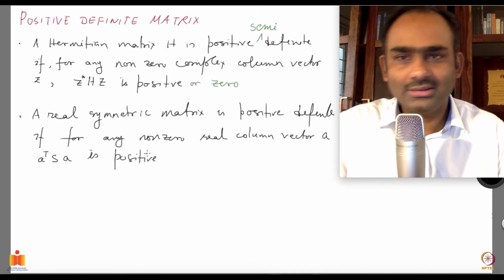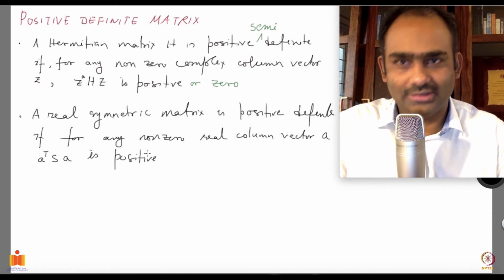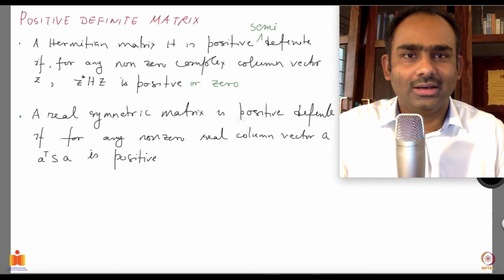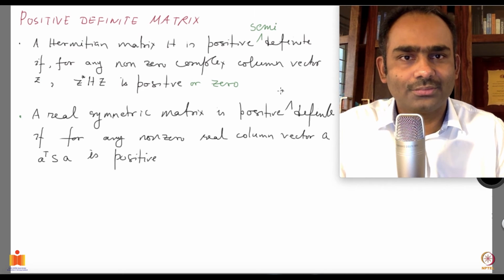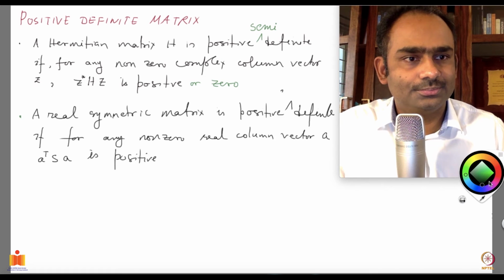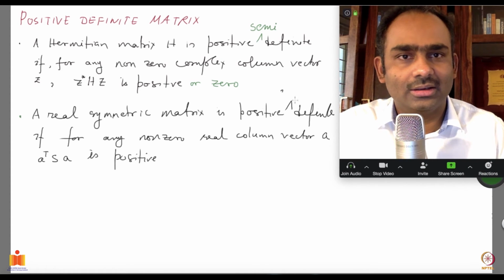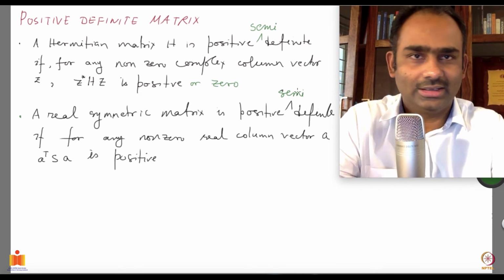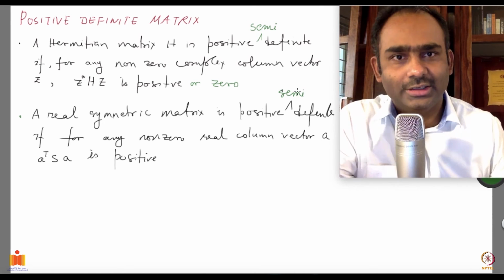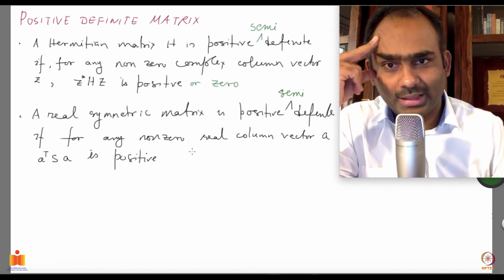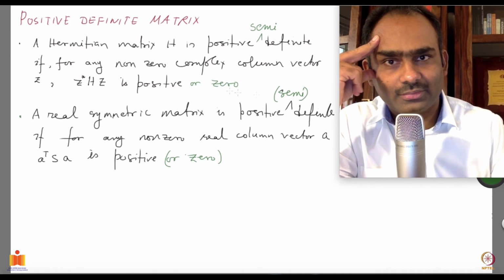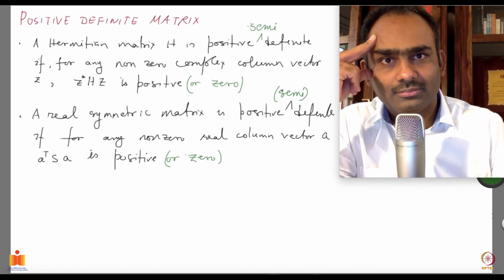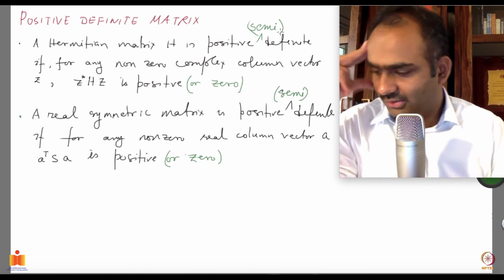If this is true, then your matrix S is positive definite. If, as before, you can get 0 also for certain vectors, then you call it positive semi-definite (or 0). Let me put it in brackets. So these are the definitions.